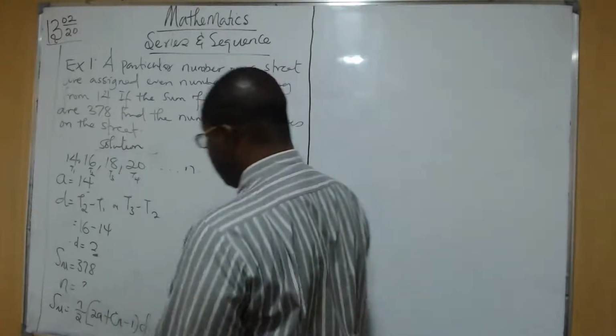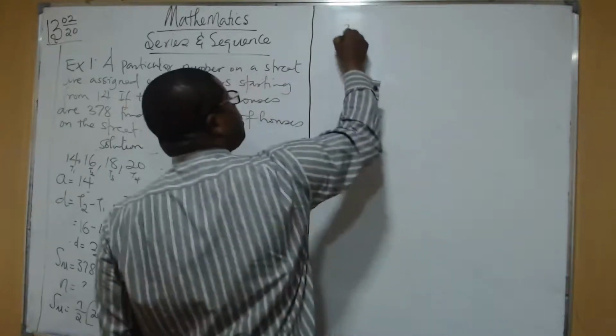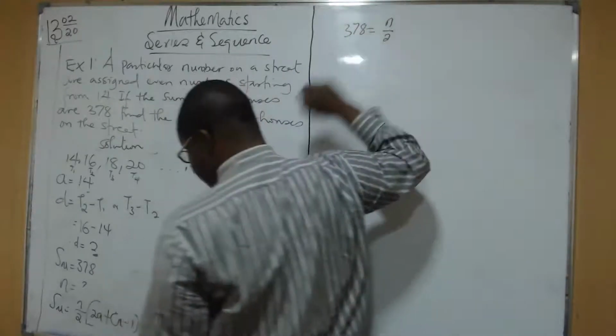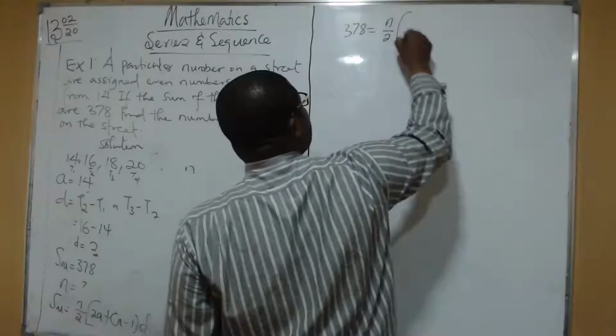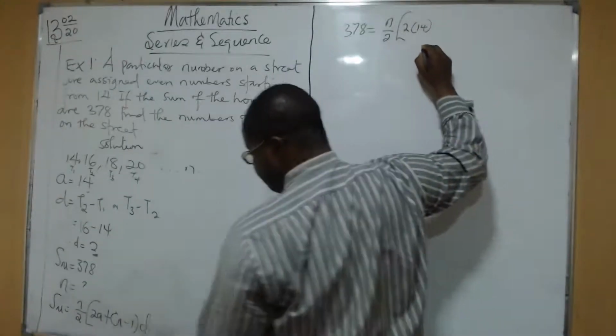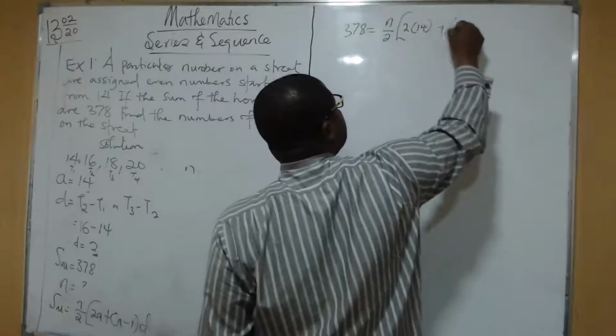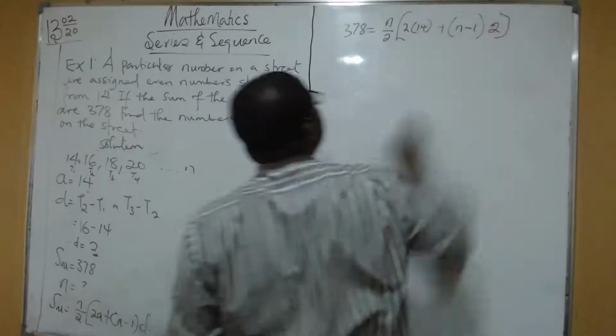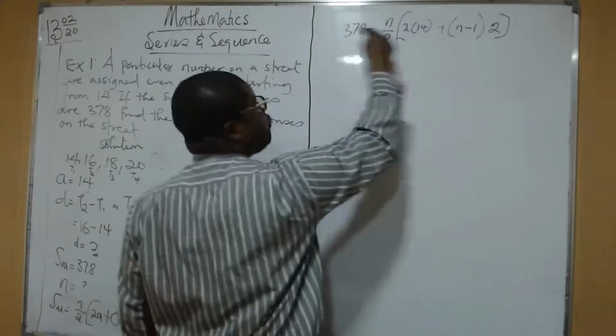The sum of the AP is n over 2 into bracket 2a plus n minus 1 times d. So we have 378 equals n over 2, then bracket 2 times our a, which is 14, plus bracket n minus 1, our d is 2. Then open this bracket.